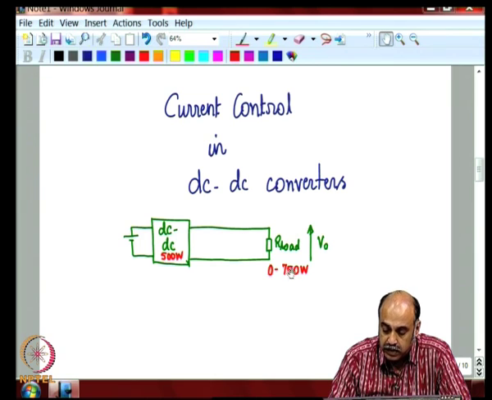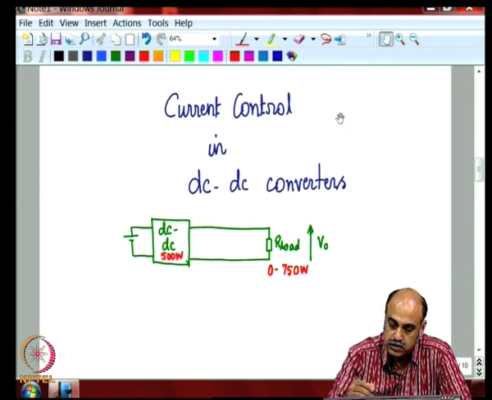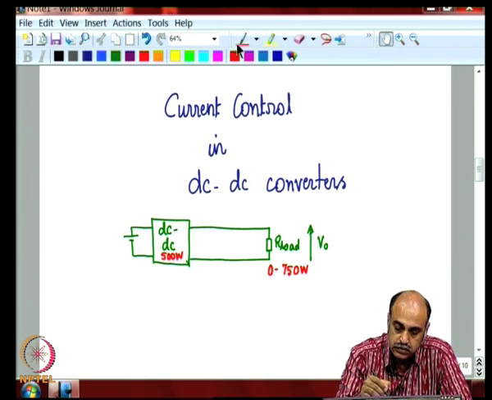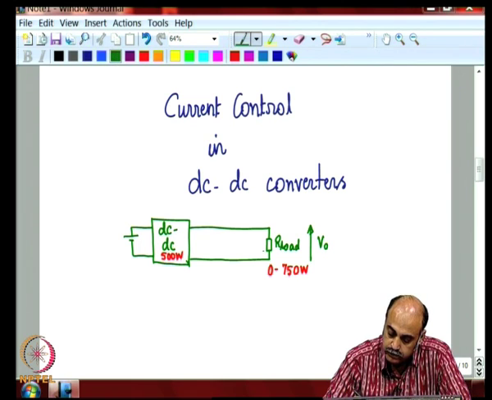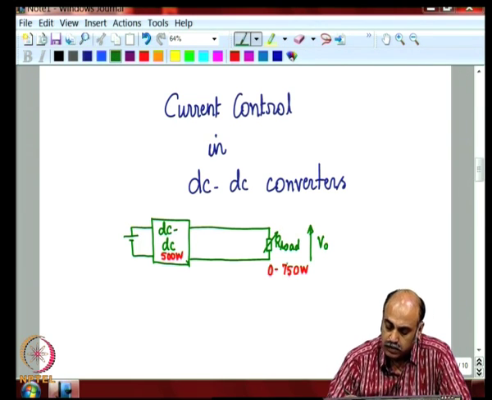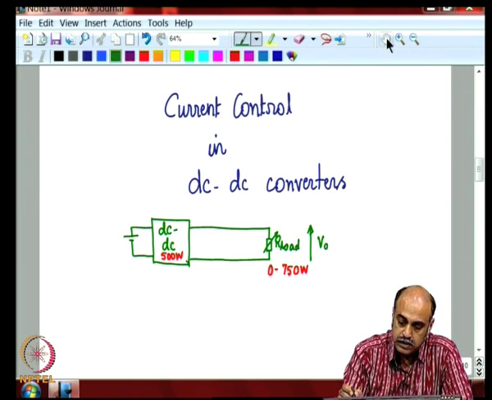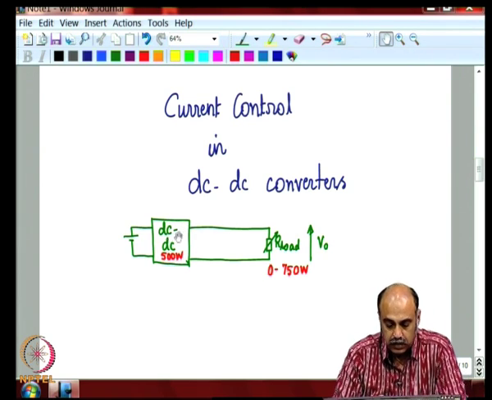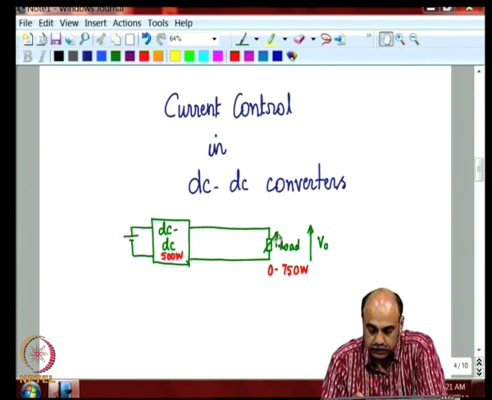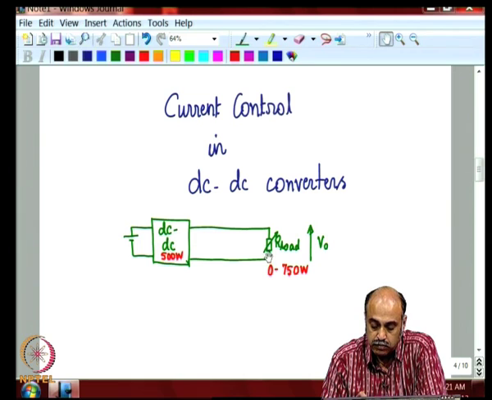So, up to 500 watts, when the variable load swings up to 500 watts, this DC-DC converter is sufficient and it can bear the load. However, the moment this load increases beyond 750 watts, this DC-DC converter will not be able to handle it.